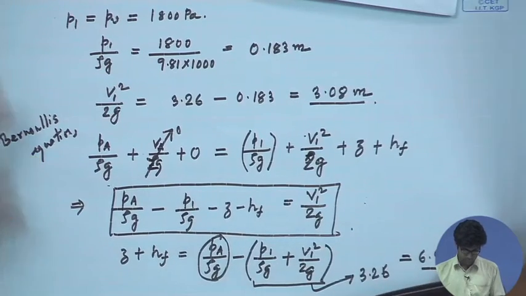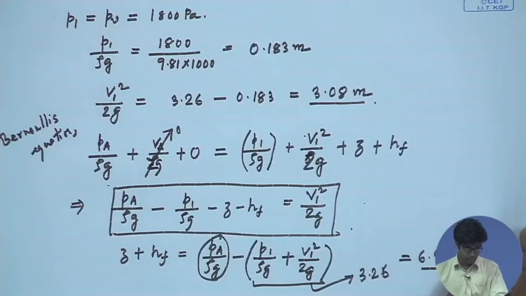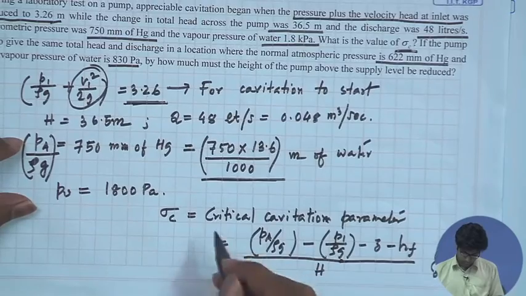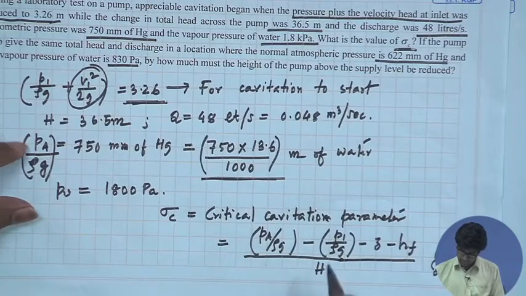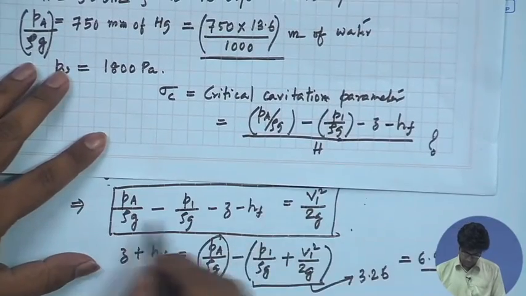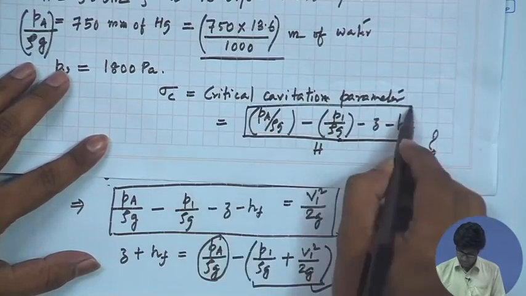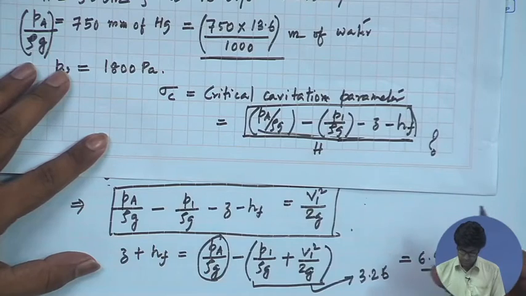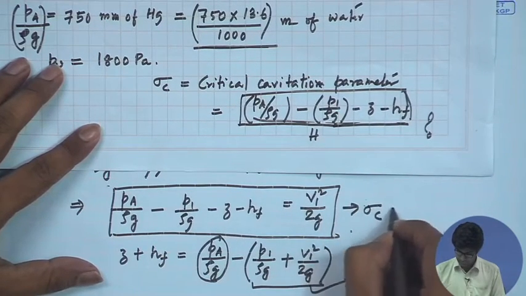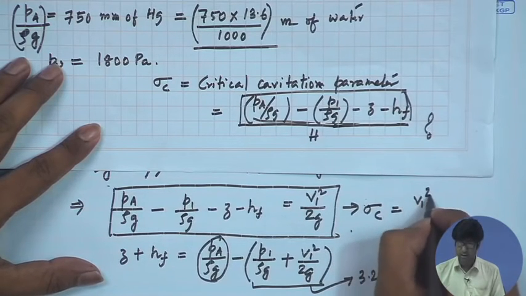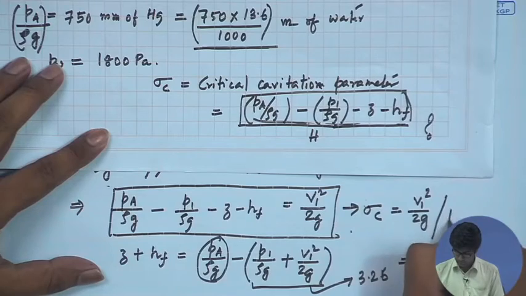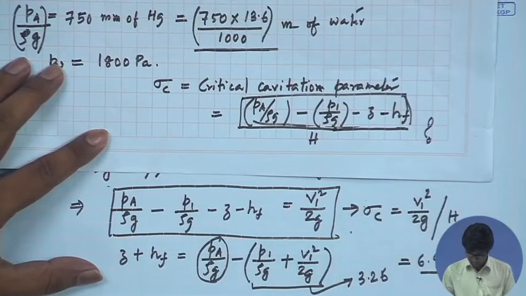Now, if we recall, the expression for the critical cavitation parameter was this. We just derived that this expression is nothing but the velocity head at the impeller inlet. So, from here we can write sigma c is V1 square by 2g, whole divided by h.